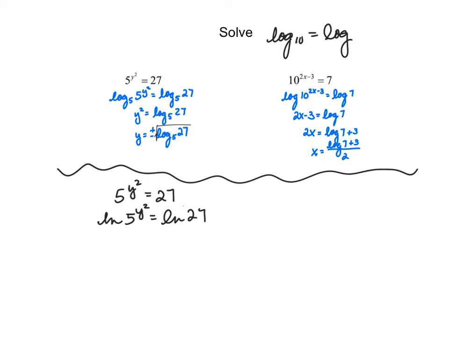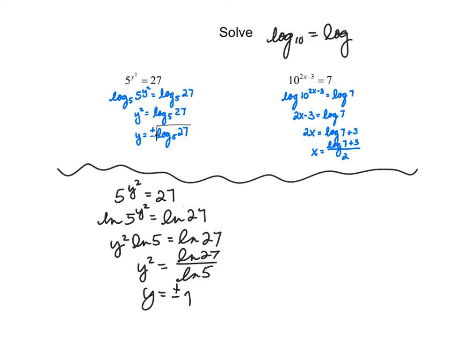and then what ends up happening is this exponent, y squared, moves to the front. And then you divide both sides by ln of 5. And then you take the square root of both sides.